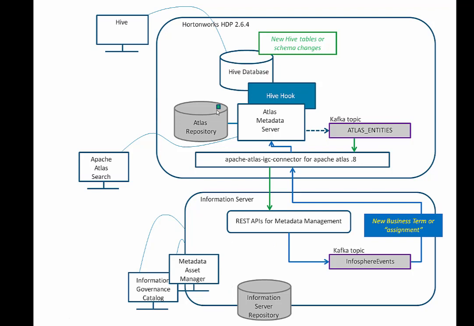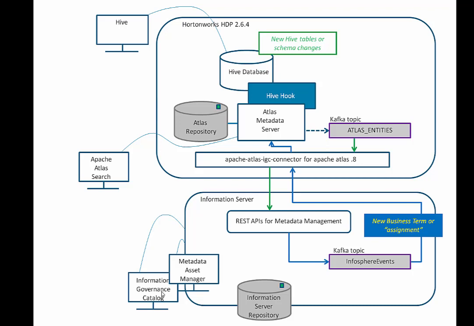So we have the table created, it appears here, and then shortly thereafter inside the Information Server repository. We'll go through the Information Governance Catalog to take a look at that metadata. We'll also look at the table as it appears in metadata within the Apache Atlas user interface.